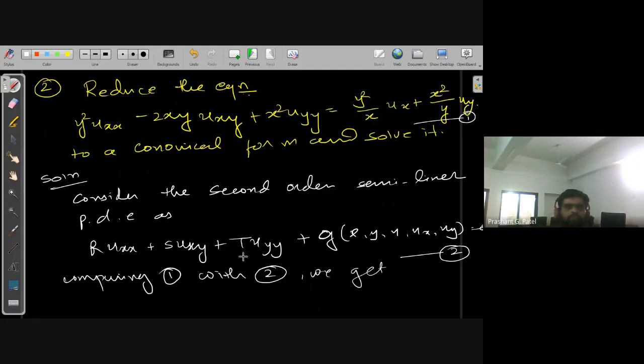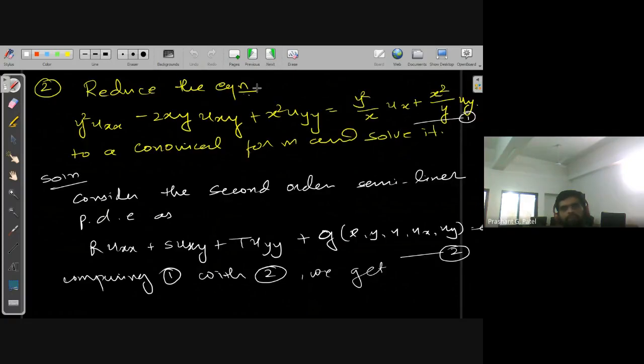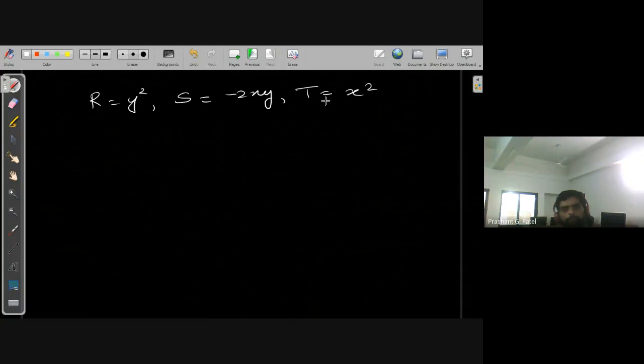We get, you just see what is r, what is s, what is t. So r will be y square. What is s? That you can say it is minus 2xy. And t is x square. Now we just observe what is s square minus 4rt.